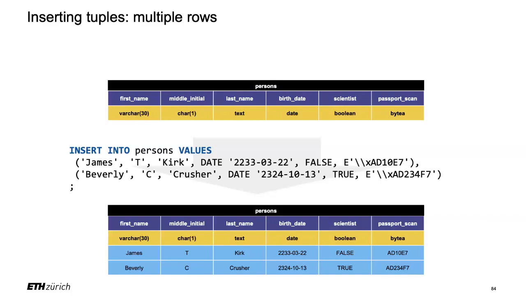In real life, when we have databases and they are behind a website like WordPress, nobody types the query directly. The query is in fact generated with Java or Python or whatever. So this AD10E7 is going to be programmatically generated. There's going to be a computer program that takes an image like WordPress, and it's going to generate this sequence of bits and generate the SQL query for you, right? Okay?